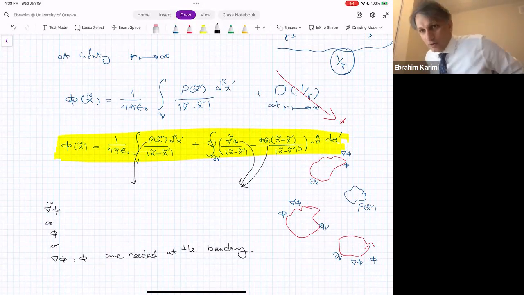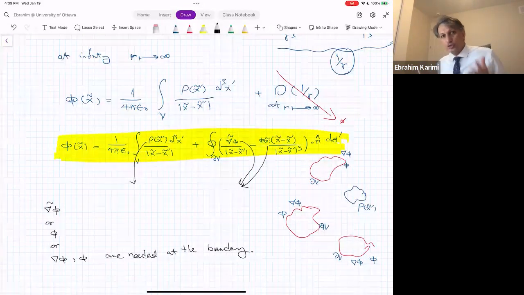Our goal for the next two lectures is finding techniques to find the potential for different boundary conditions. That by itself is a really deep and interesting mathematical approach that not only applies to electrostatics, but also to other cases.